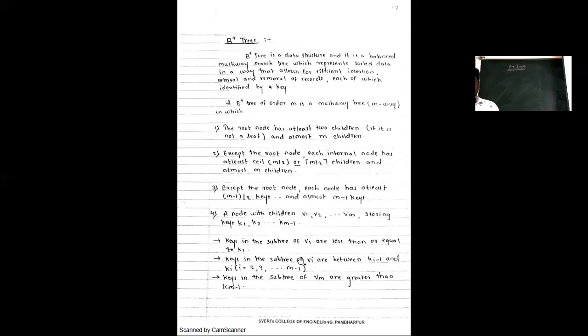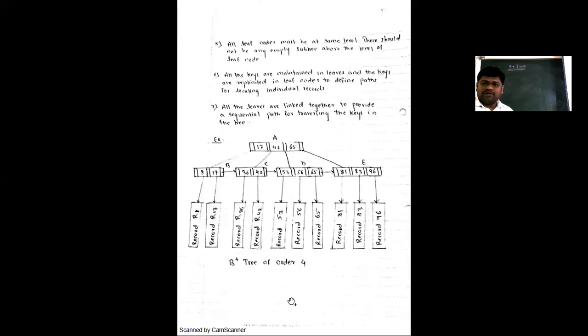After that, keys in the subtree of vi are between k(i minus 1) and k(i), right? And keys in the subtree of vm are greater than k(m minus 1).